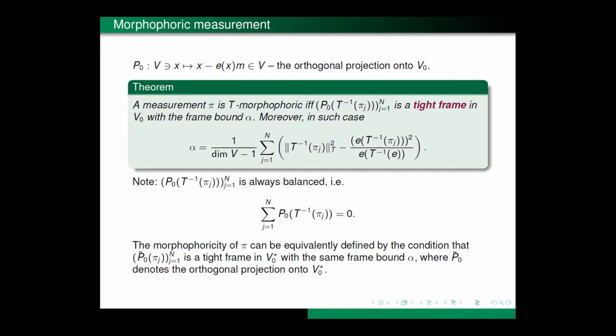So this condition for the morphophoricity can also be equivalently defined by the condition that the projections of the effects of this morphophoric POVM onto the dual subspace of V0 form a tight frame with the same frame bound alpha. Whichever definition is more convenient for you.